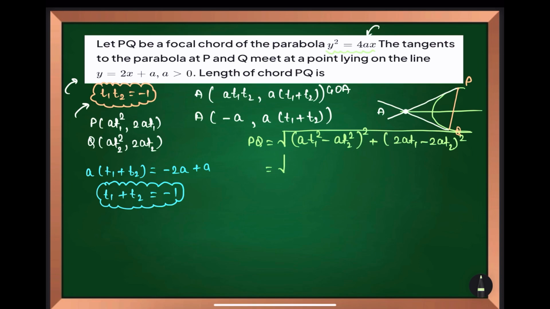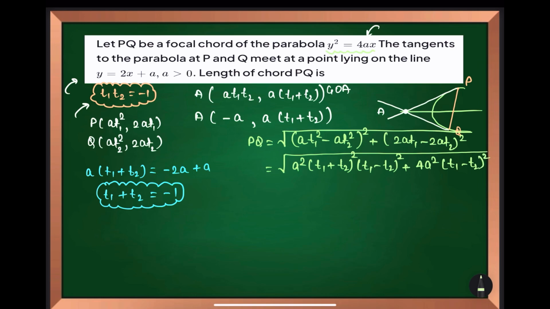I'll take a common, so a squared will come outside and we will have t1 plus t2 times t1 minus t2, and then squared. Then we will take 2a common, so we will have 4a squared times t1 minus t2 squared. I hope till this part you guys are comfortable.